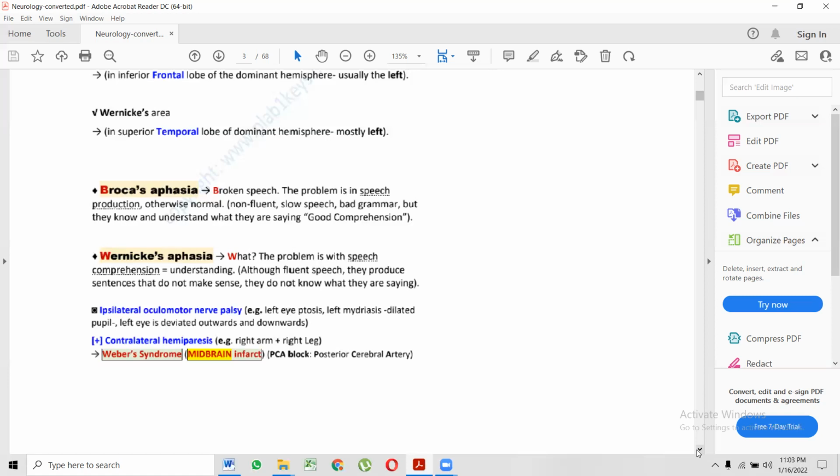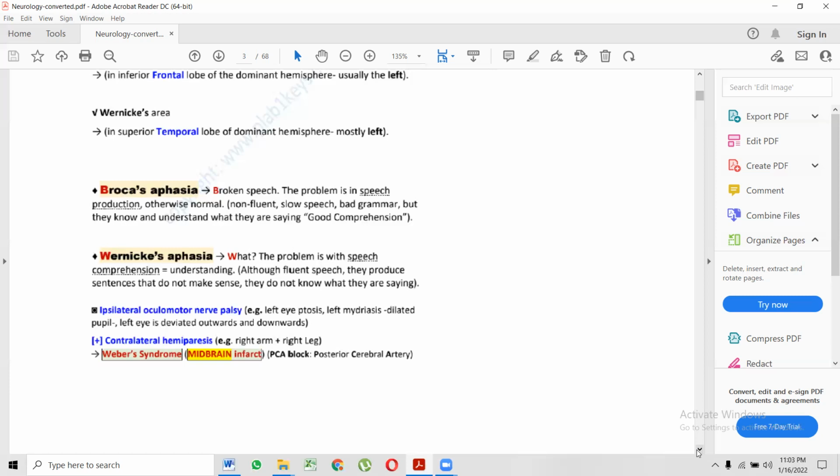So a cerebral stroke will result in hemiparesis. What is hemiparesis? Weakness of half side of the body, because as I already told you, the motor control or movement is controlled by the frontal lobe of the cerebral cortex.